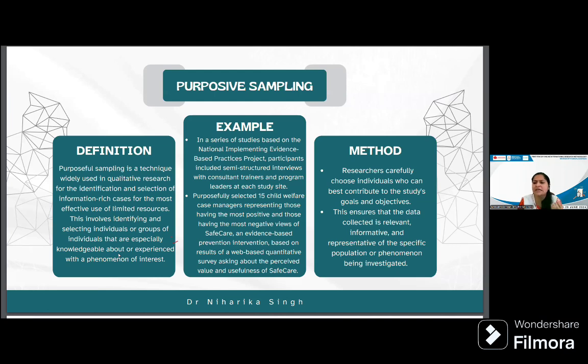You may have a very limited number of respondents, but it will give you a lot of information. So if you are trying to do qualitative research work, this kind of sampling is really going to help you.